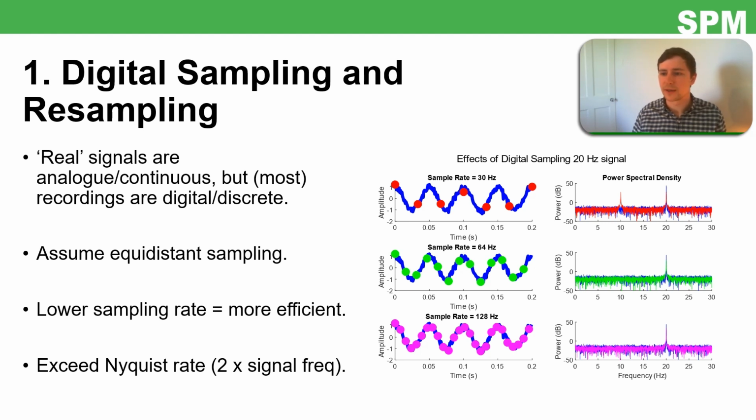It's pretty much perfectly captured that peak at 20 hertz, and it matches the blue, so that's good. If you were to increase the sampling rate again to say 128 hertz, it's the same deal. It looks a little nicer in the time domain, but really no extra information has been captured. So in this case you might think, let's go with the green.